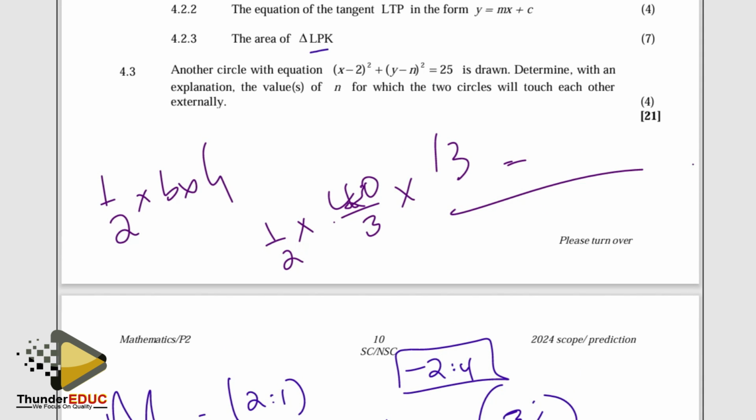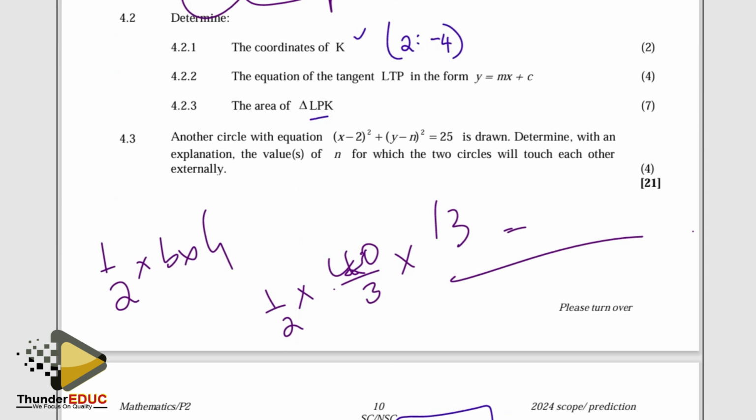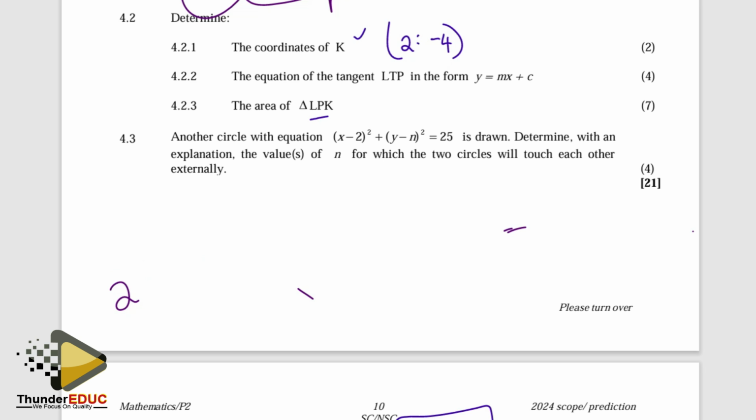Then 4.4, they're telling us that there's another circle, x minus 2 squared plus y minus n squared equals 25. Determine with an explanation the values of n for which the two circles will touch each other externally.